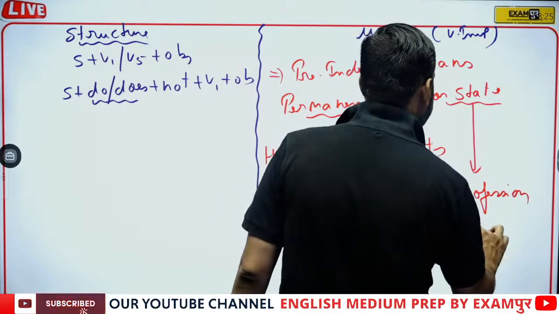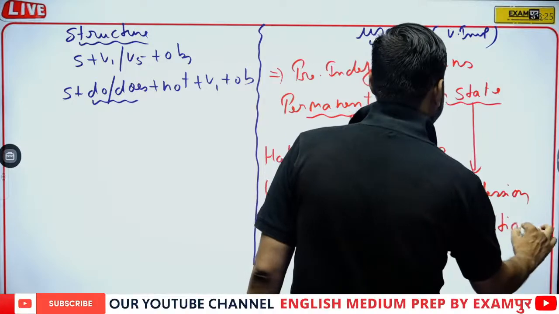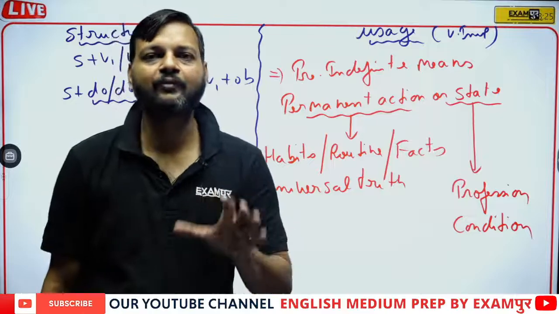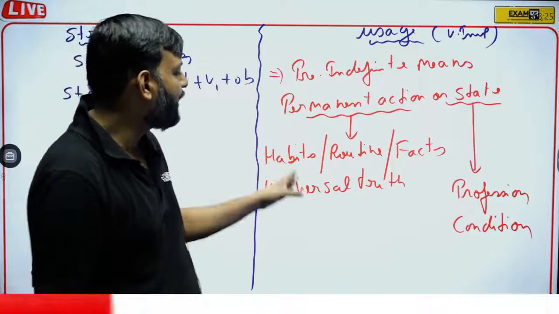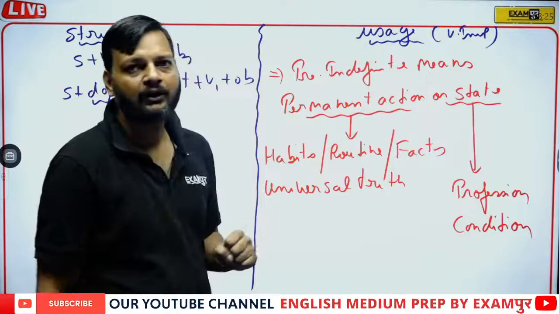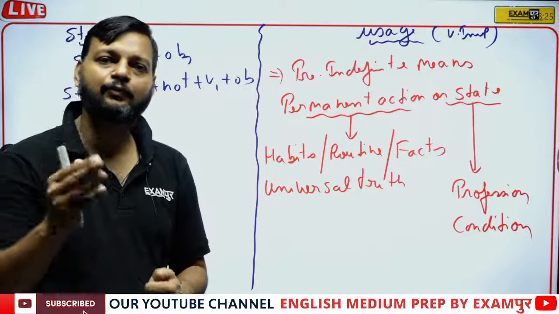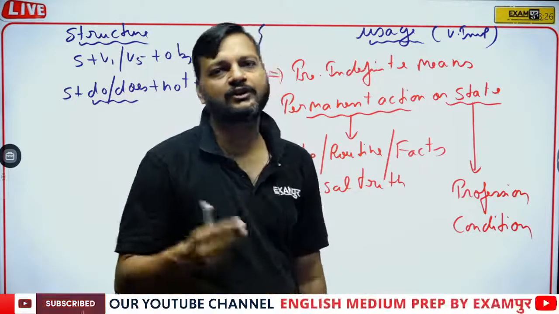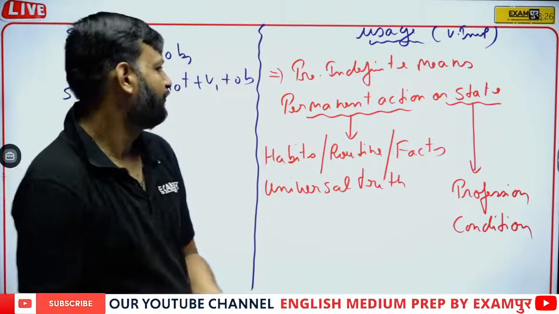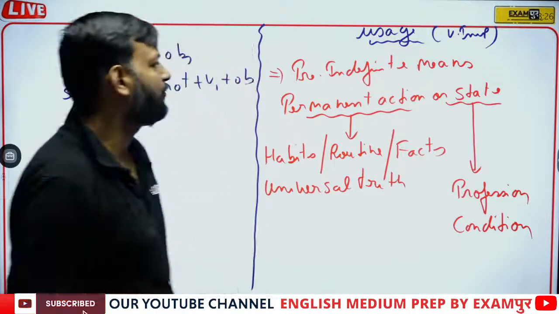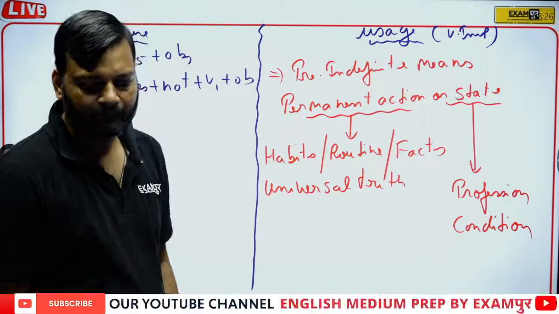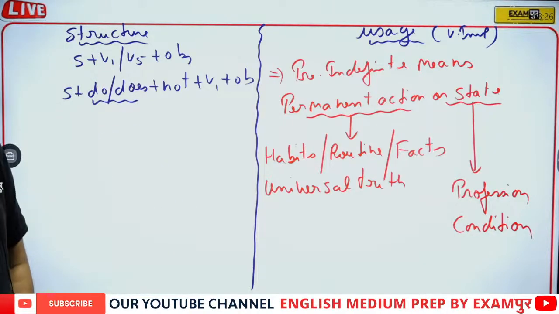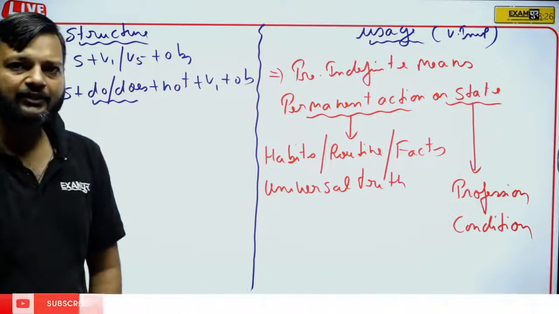Our profession and our condition are permanent states. So whenever you see habit, routine, fact or universal truth, you have to structure the sentence in present indefinite tense. And whenever you see a profession and condition, you have to structure the sentence in present indefinite tense. So present indefinite means permanent action or state.